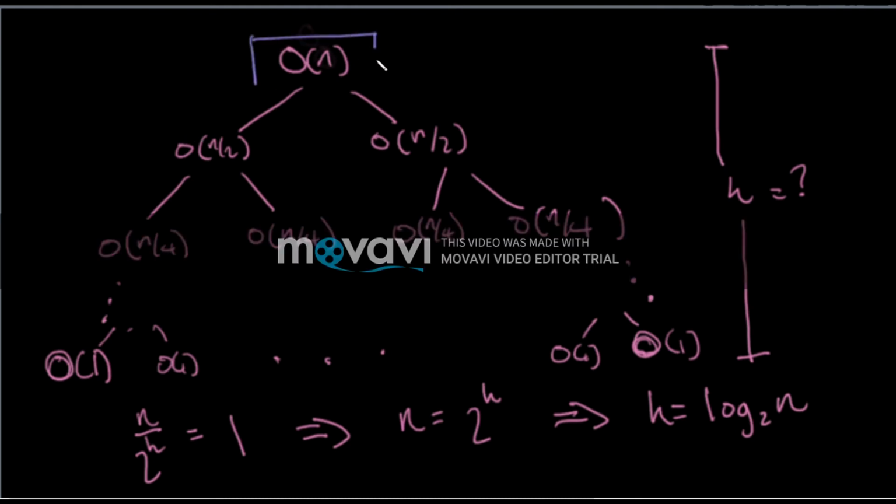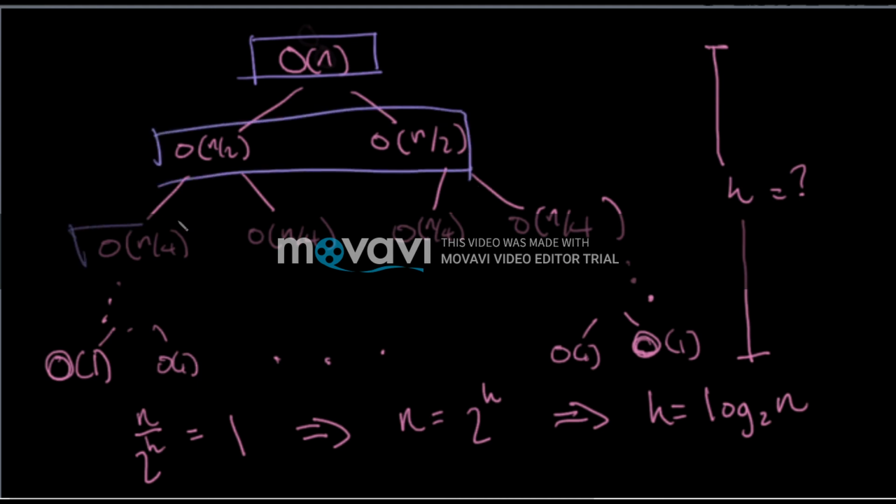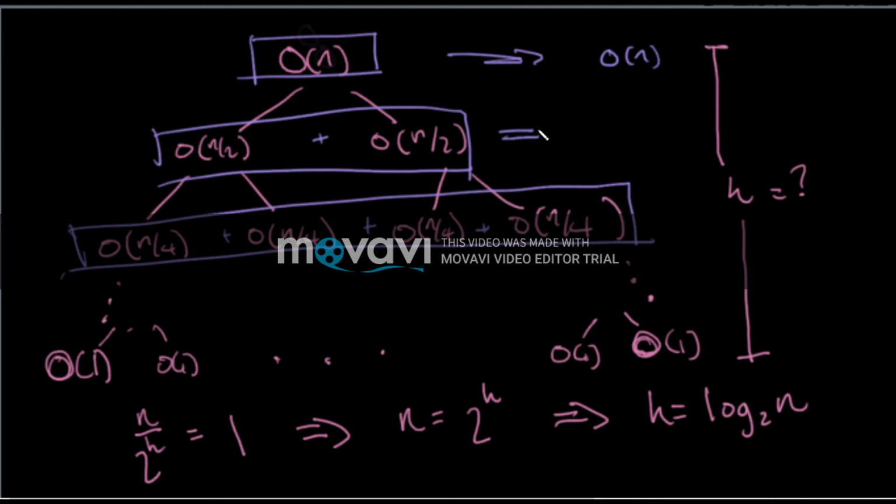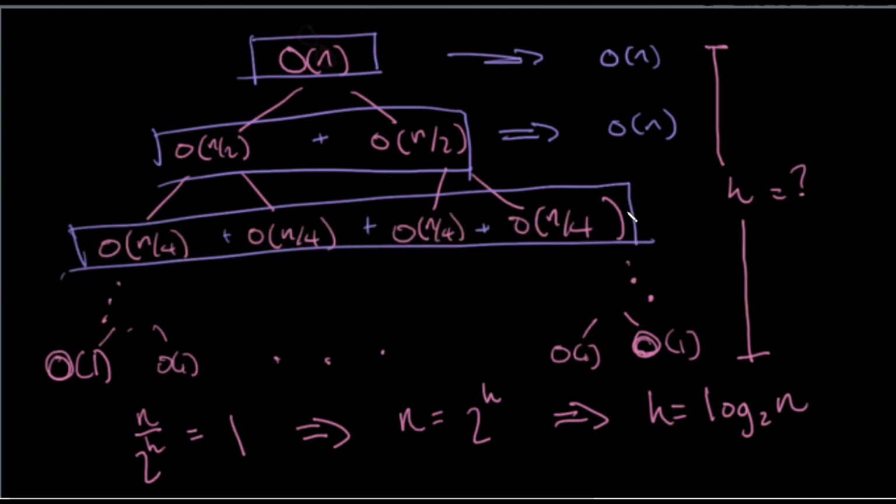And one way is by realizing that each level added together sums to O of n. 4n over 4s here, 2n over 2s here. The next level will be 8n over 8s here. So whatever is in the denominator will get canceled out, and you'll just be left with an O of n.